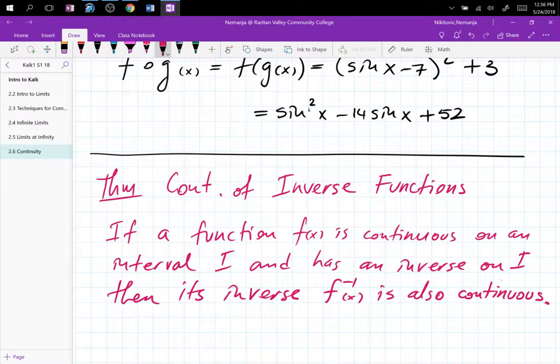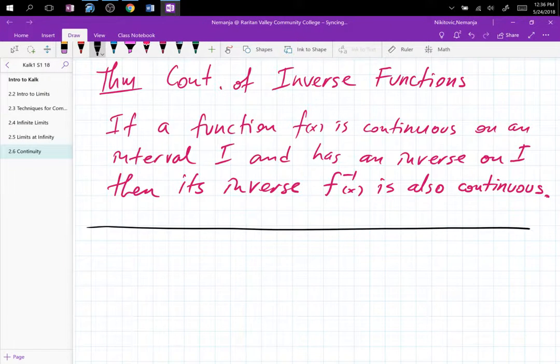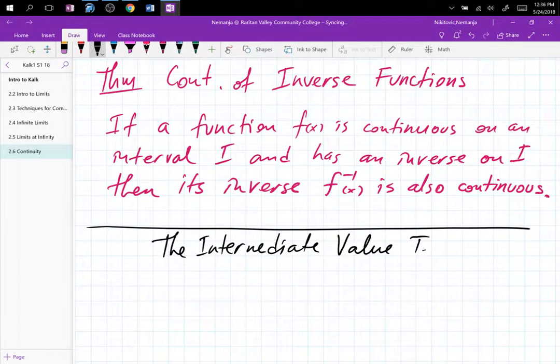So that's that. And finally, the intermediate value theorem. So we are done with continuity. Now we have the intermediate value theorem, and the lecture is over. Well, no, we have examples, but the lecture part is over. The intermediate value theorem.